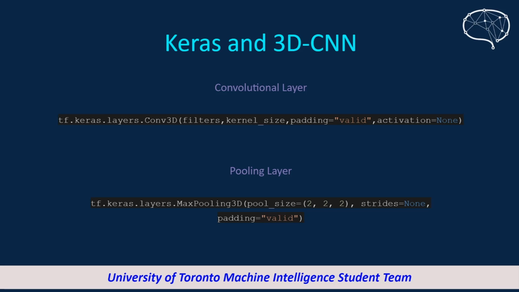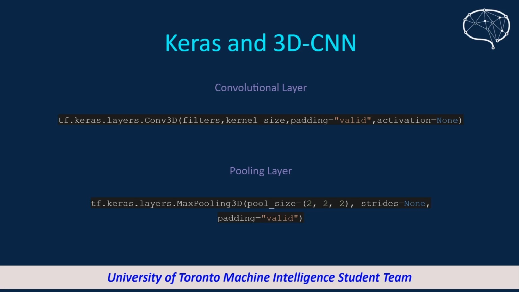And now the kernel size is a 3-dimensional vector rather than a 2-dimensional vector. Similarly, for the pooling layer, we now use MaxPooling3D instead of MaxPooling2D. Once again, the dimension of the matrix increases by 1 and hence we supply a 3-dimensional vector for the pool size. In summary, a 3D CNN is just an extension of a 2D CNN, and the primary difference is that a 3D CNN has one more dimension than a 2D CNN.